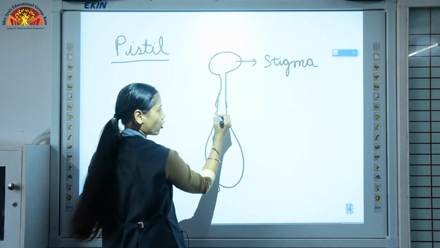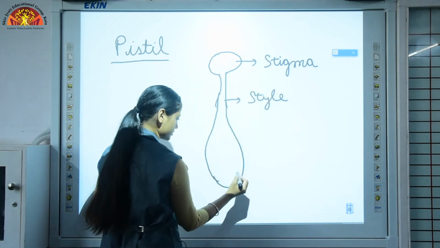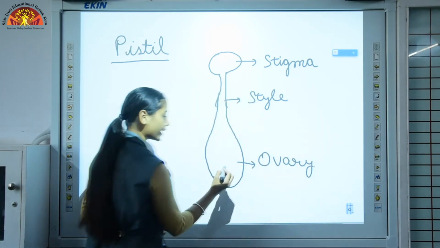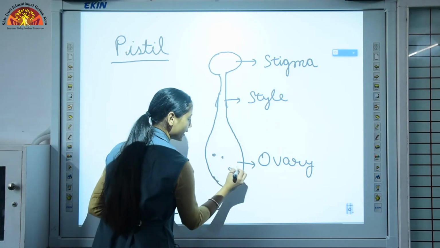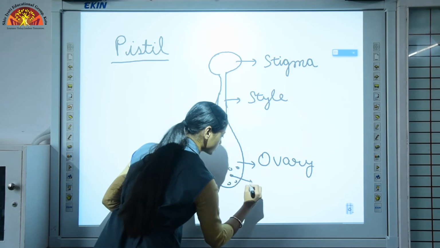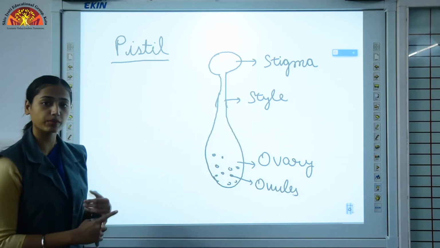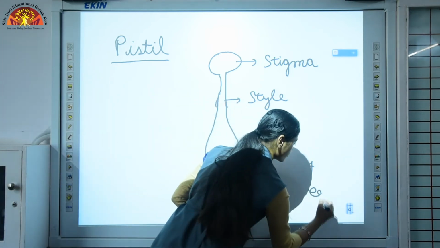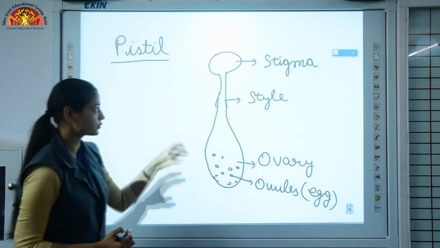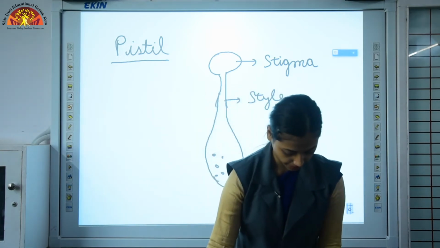This long tube is known as style, and this is ovary. Inside this ovary, so many ovules are present. These are ovules. And inside these ovules, the female gamete is present, which is egg. These are the parts of the female reproductive part.